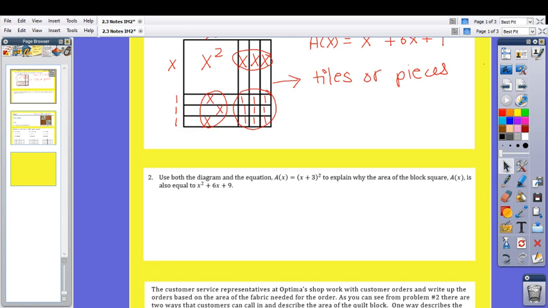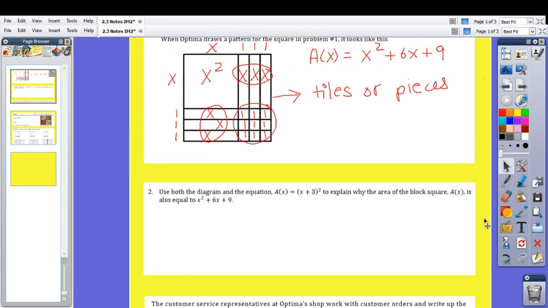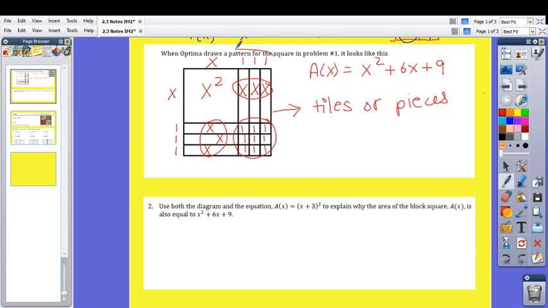Now it is saying, in both the diagrams and equations, x plus 3 and square of that, why is this the same as x squared plus 6x plus 9? It's because if you are saying x plus 3 times x plus 3, or x plus 3 squared, that means you are using the sides or the side dimensions.